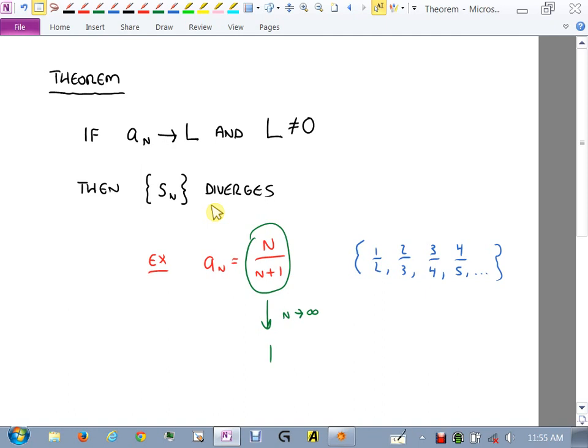Nth term test, you use it on a series. Now notice they have the sigma notation there. They don't show you where n starts or stops, right? That's just standard sigma notation. It says, it will diverge if the limit as n goes to infinity of a sub n. So that's saying the sequence part of it. If that sequence part of it goes to something other than 0, you are done.